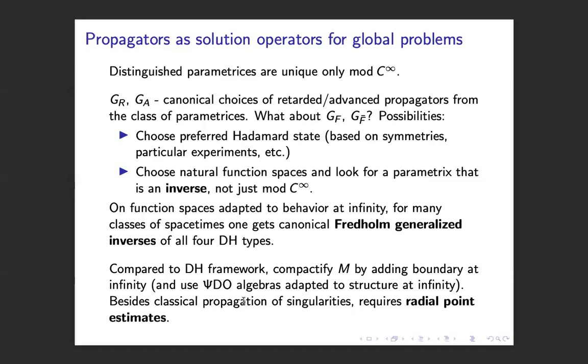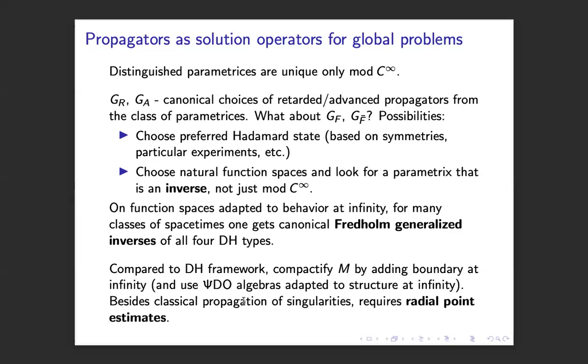One thing which is very physically relevant is you can just choose a preferred Hadamard state and define your Feynman propagators relative to that Hadamard state. This is what you do in Minkowski spacetime, where the Feynman propagator is the Feynman propagator of the vacuum state. More generally, in spacetimes with symmetries, you might have a state which is invariant under the symmetry. You were talking about the Rindler vacuum.